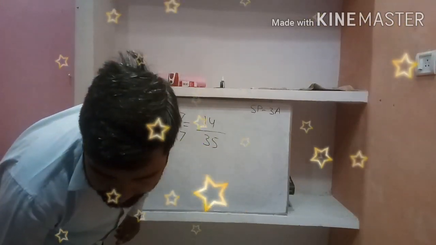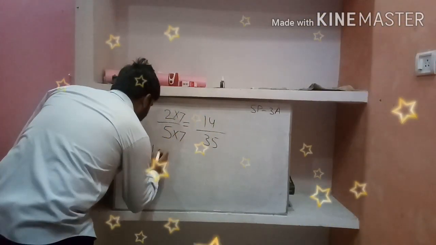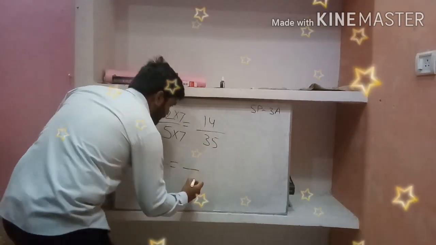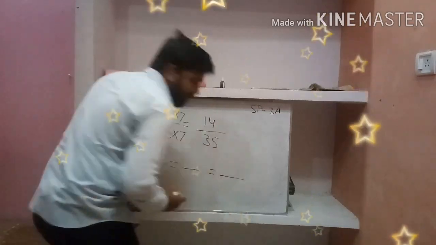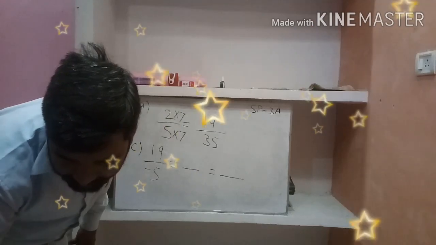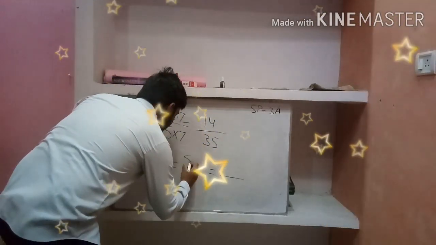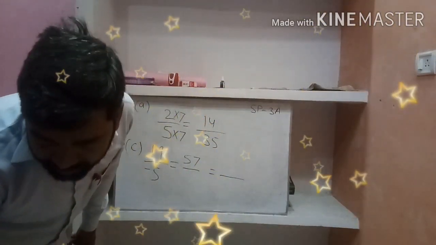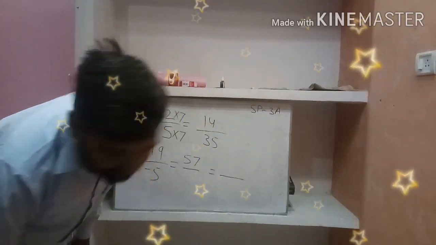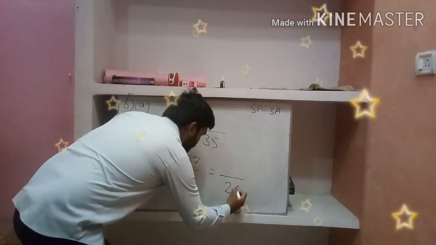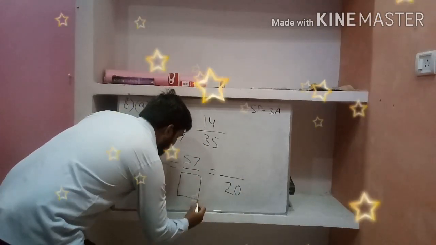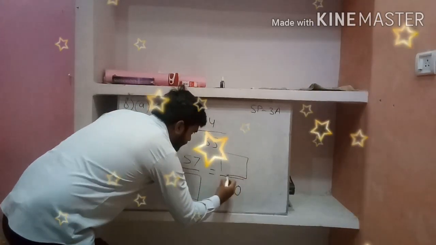Here two different rational numbers are asked. In one case the numerator is 57, and in the second case the denominator is 20. So here I have to find the denominator and there I have to find the numerator.